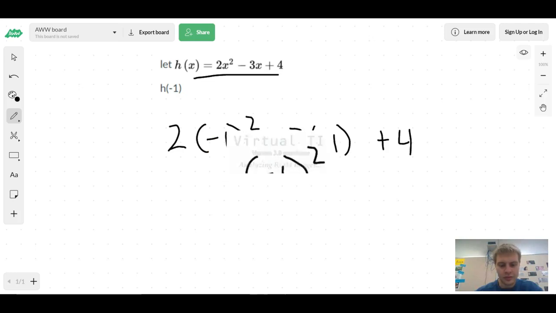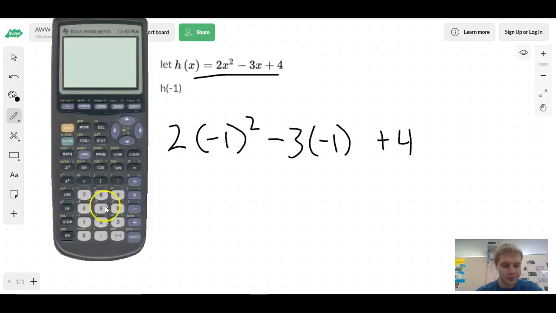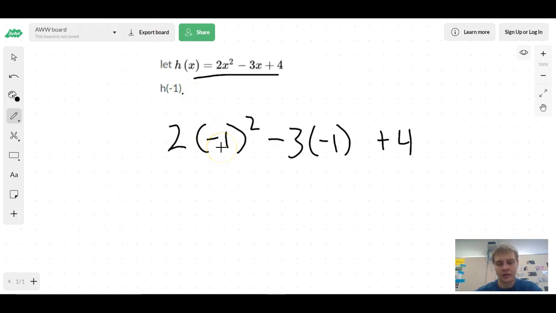Maybe this one will work out a little bit better for my example. Yeah, there are some calculators that will give us the wrong answer for our case, which will give us negative 1. So just do that in your head: what's negative 1 times negative 1? Oh, that's a positive 1, because a negative times a negative is a positive.